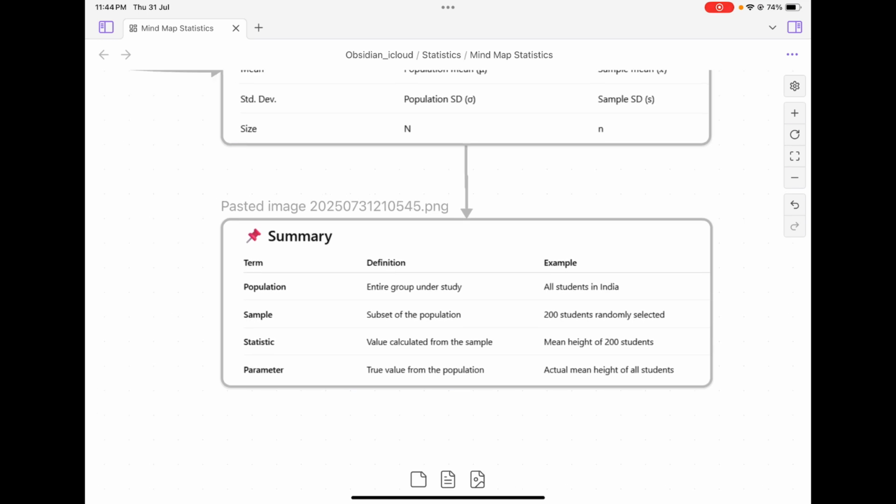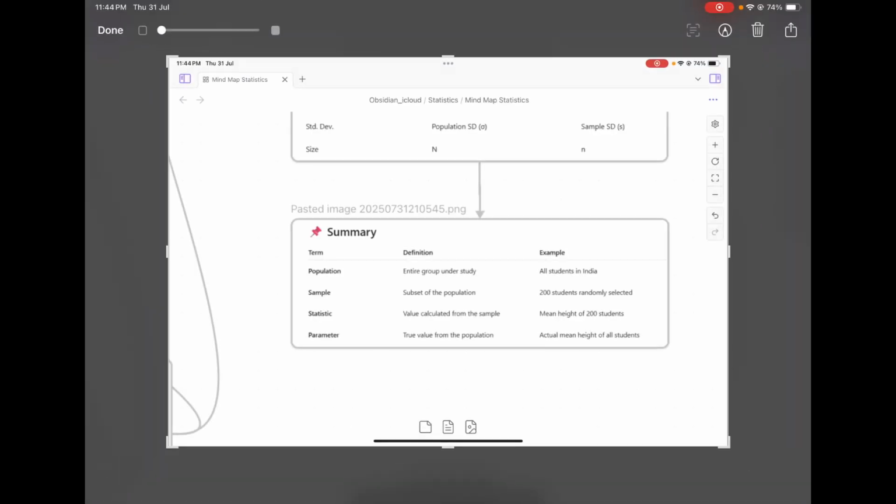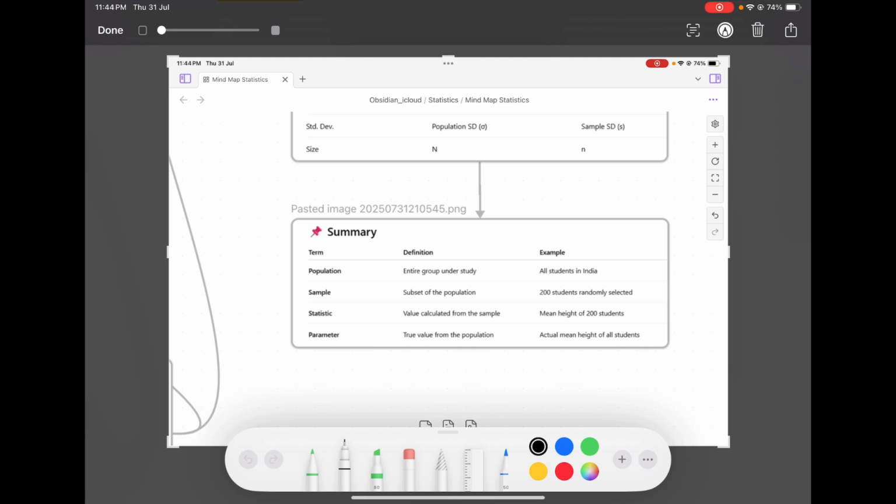So the population is used when we take into account the entire group, for example, all students in India. Sample is the subset of the population. For example, you are taking only 200 students randomly selected.